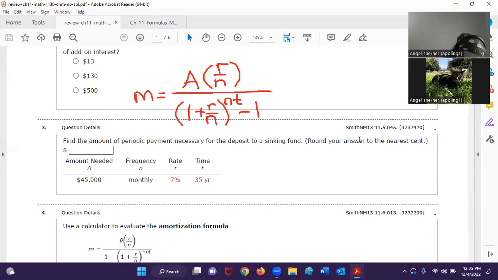Okay, so now you're just going to plug and chug, right? We have a future value A. We have an N equal to 12 because the frequency is monthly. We have a rate of 7%, and we have a T of 35 years. So you just plug all of that information into the calculator.